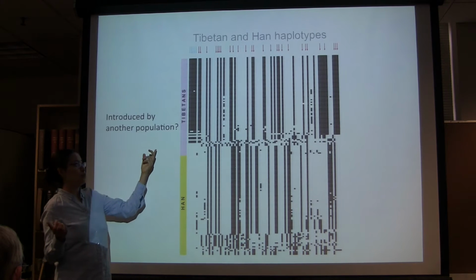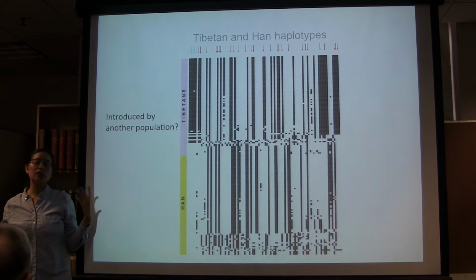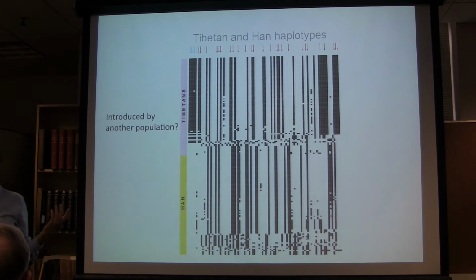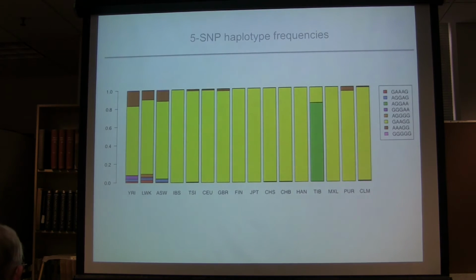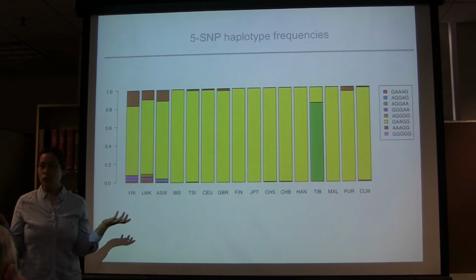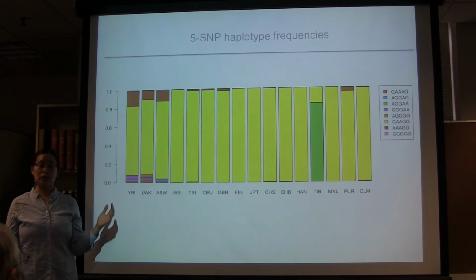And so now we knew that it was likely that this came from another population. So I wanted to look at this 5-SNP haplotype and ask, well, some other human population must have it. Or it could be that they don't. The obvious place to look is the 1,000 Genomes data, and ask, what are the haplotypes at those 5 SNPs, and what's the frequency of those haplotypes?